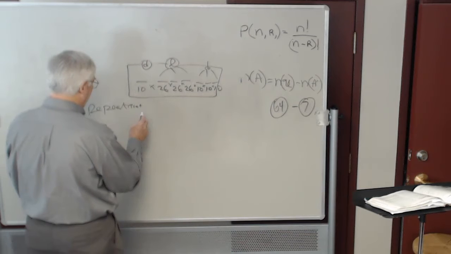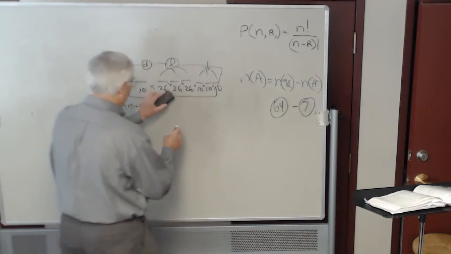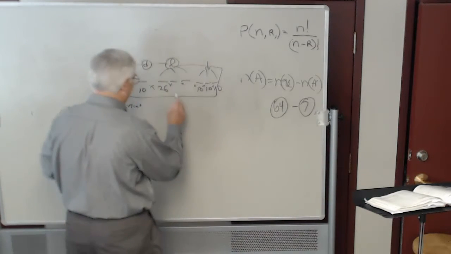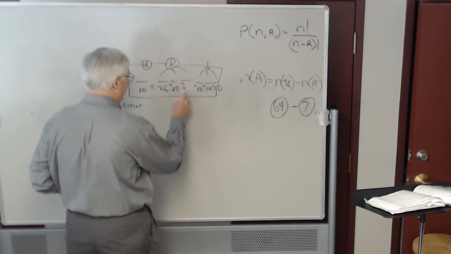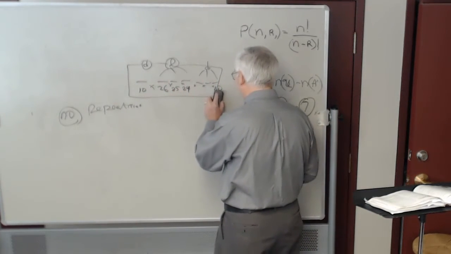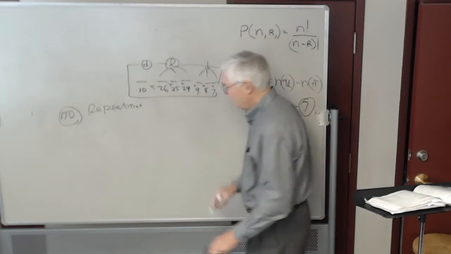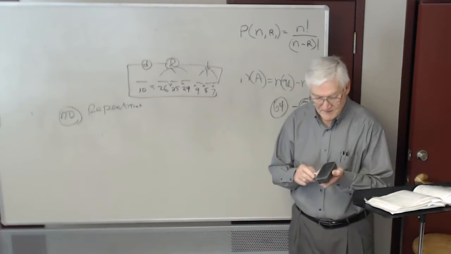So that means I have 10 here, 26 here, but then I have 25 and 24. And then if I've used one of them, then I have 9, 8, and 7. You follow that for no repetitions?